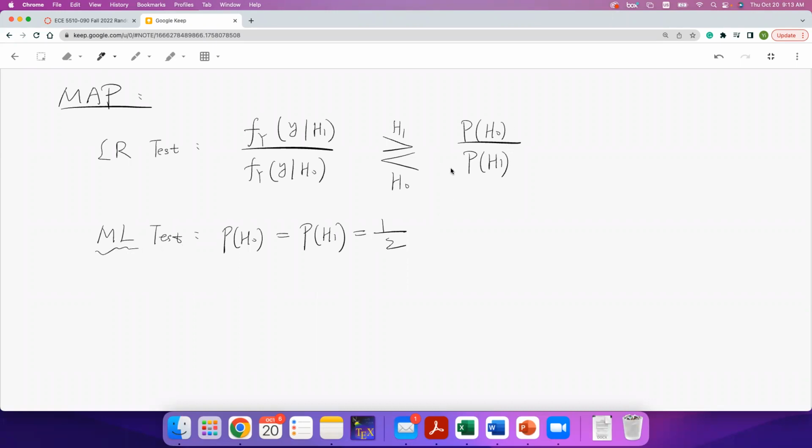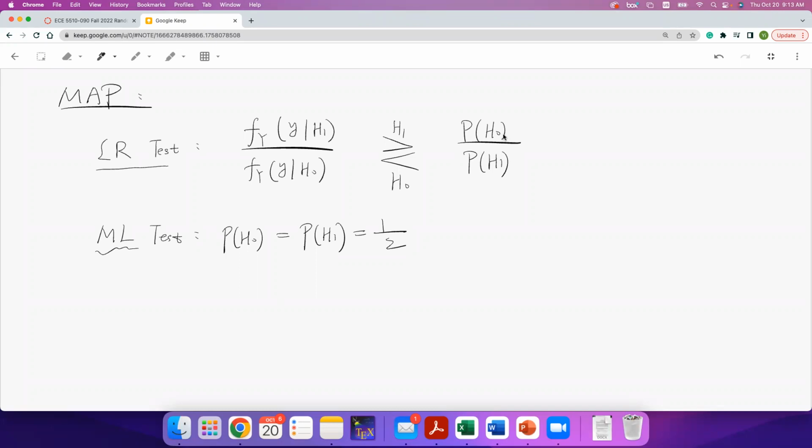In that case, this threshold is 1, so we just look at the likelihood that achieves the maximum under the corresponding hypothesis. So it's called maximum likelihood. But in general, we need to compare this likelihood ratio with a threshold determined by the prior probabilities of these two hypotheses.